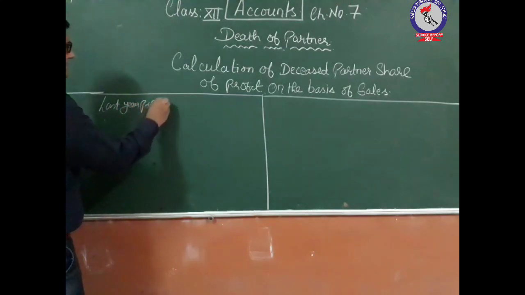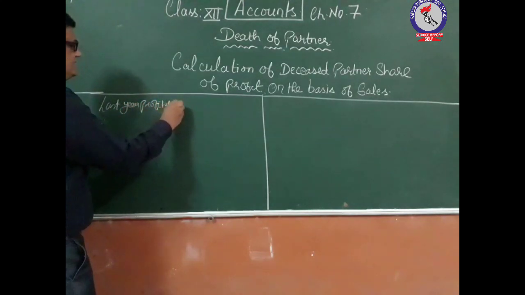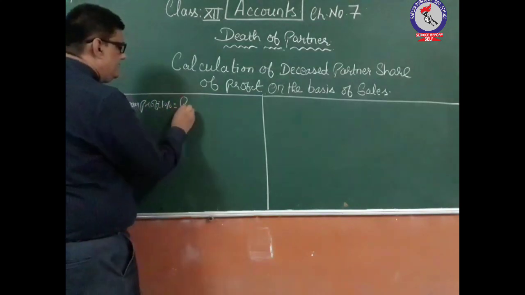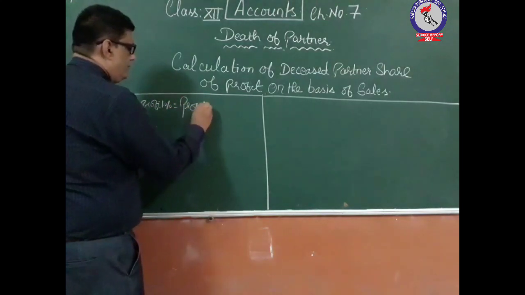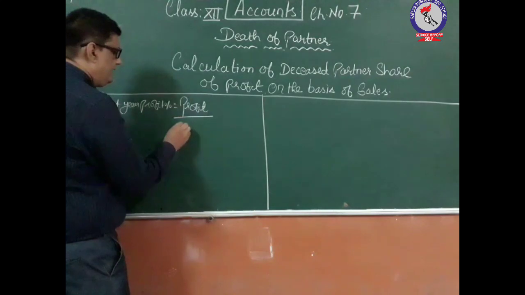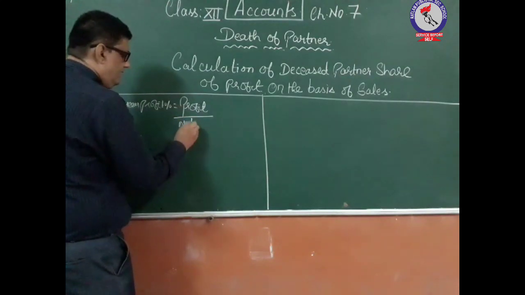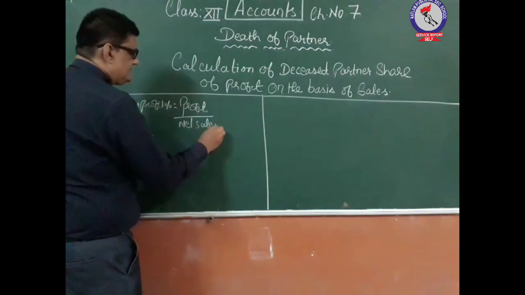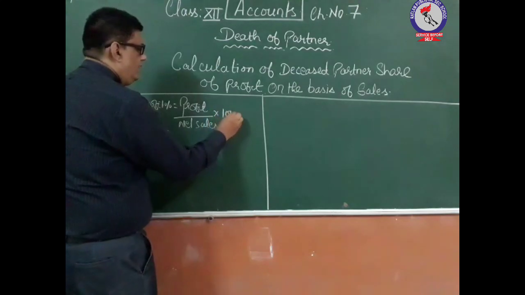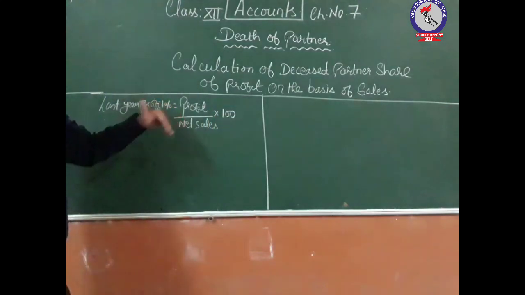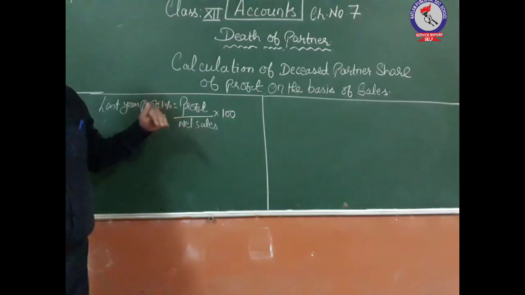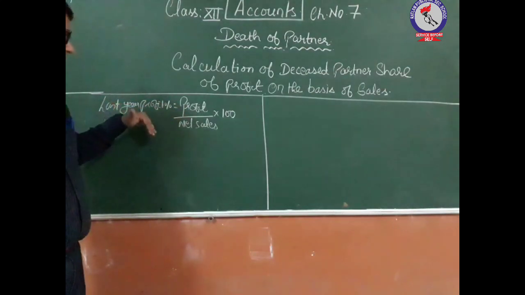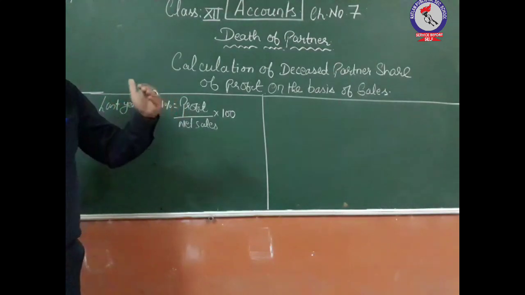Last year profit percentage will be profit upon net sales into 100. This is the formula through which you will get the profit percentage of last year.